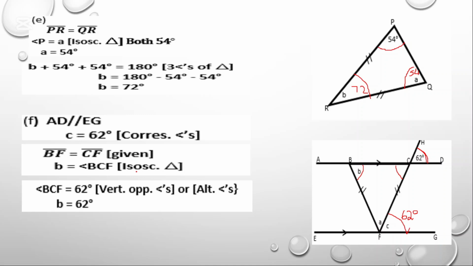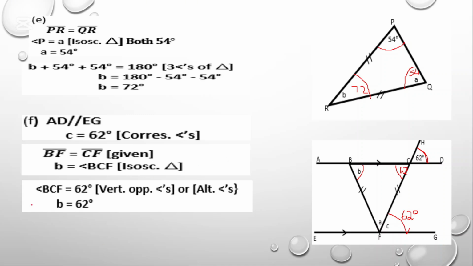They are isosceles triangle, which means if B is equal to 62, then BCF must be 62. Now let me just start again. BCF here is 62 degrees for two reasons. Either it's alternate angles, or it's vertically opposite that 62.